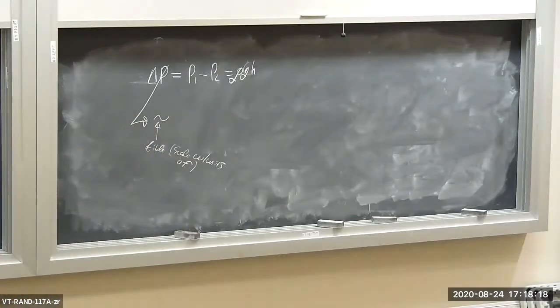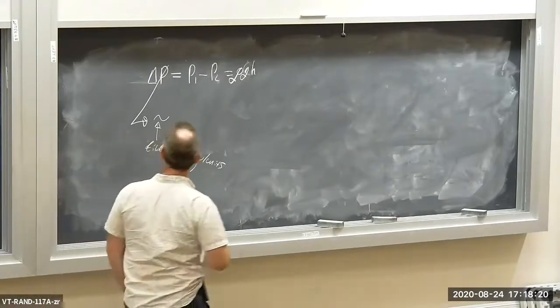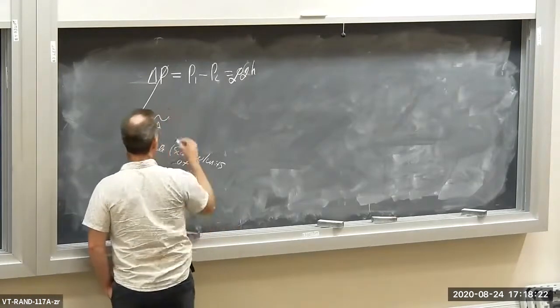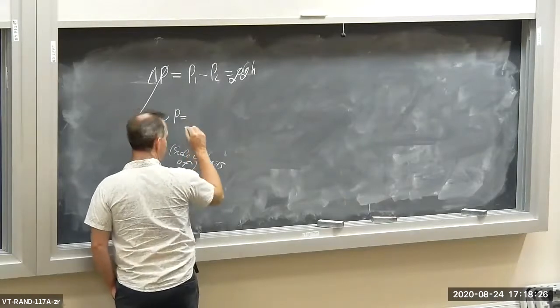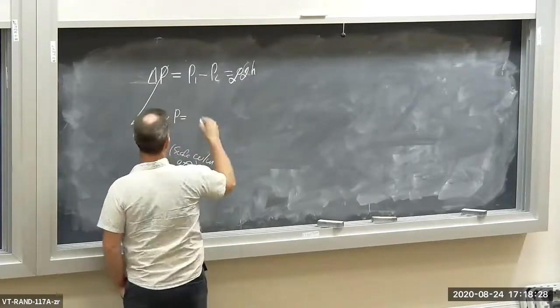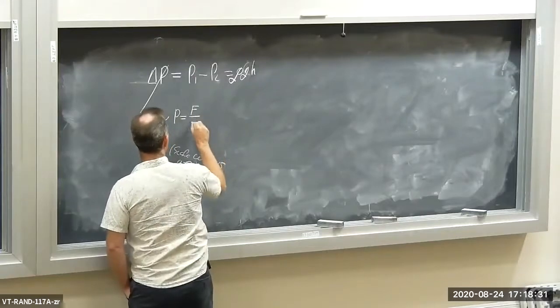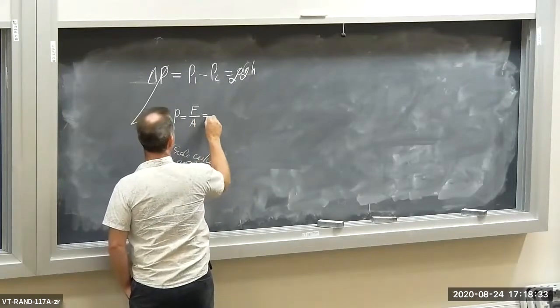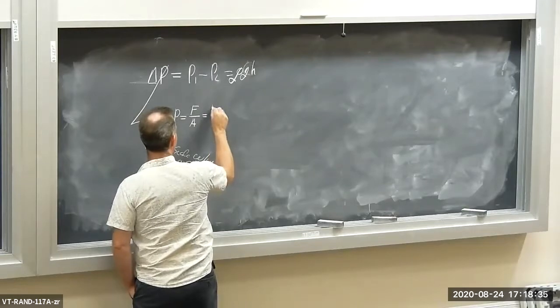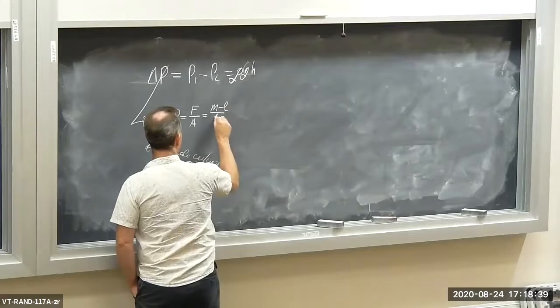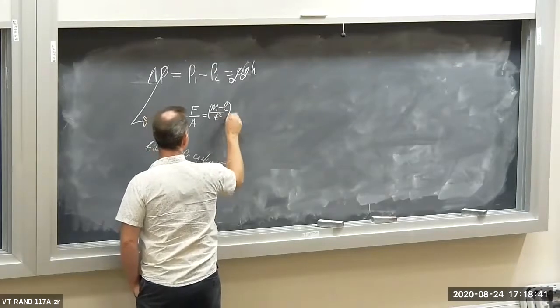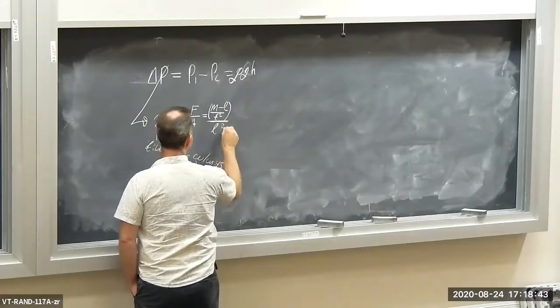Scales with or units of. Let's see, so pressure obviously has dimensions of pressure, which is going to be a force over an area, which is going to be equal to a mass times a length over a time squared, divided by a length squared.